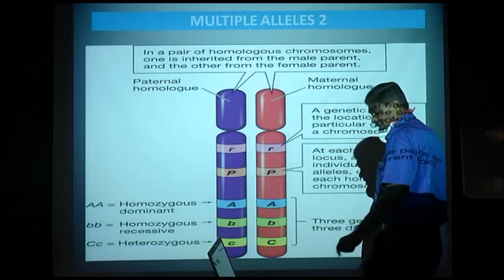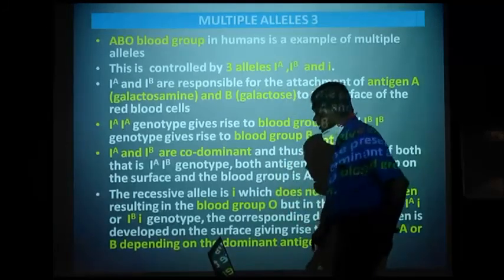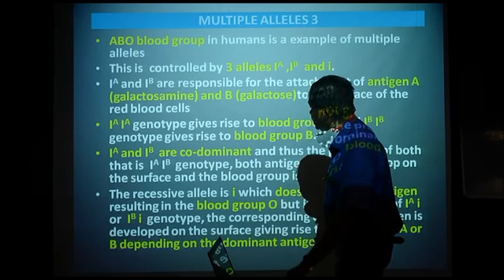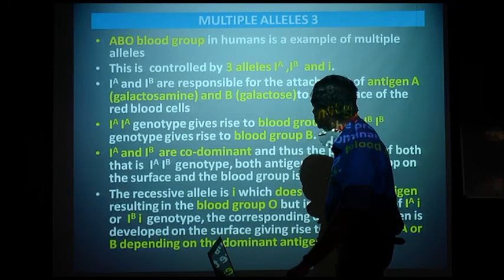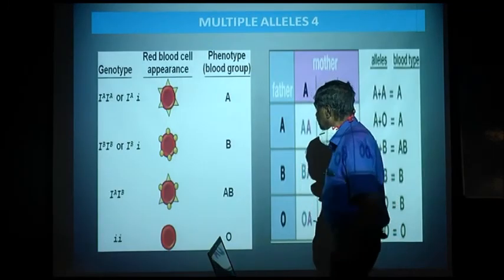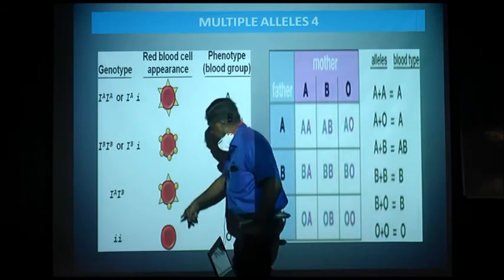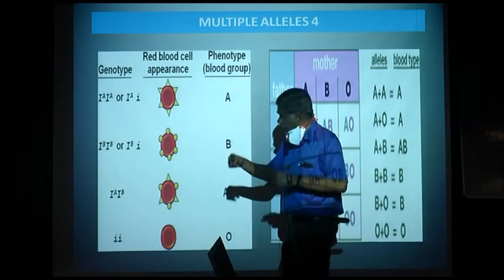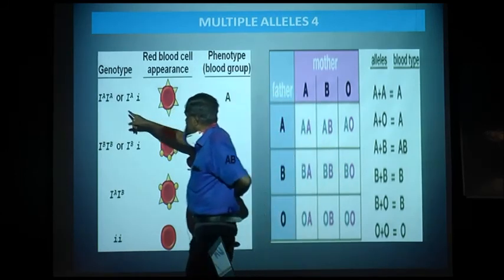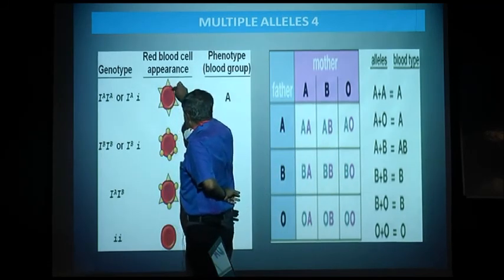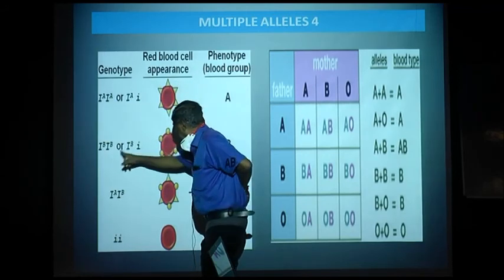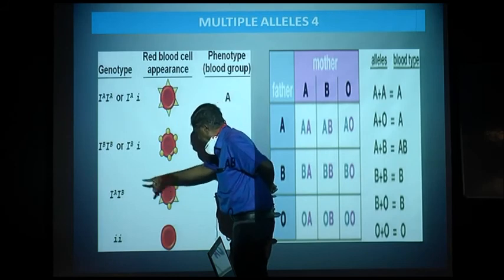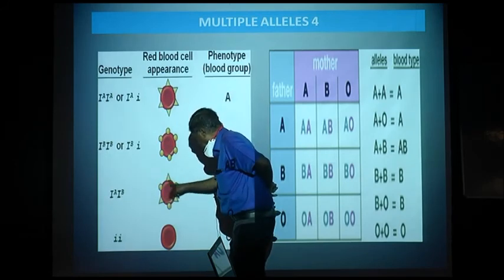Coming to multiple alleles, these are conditions where the alleles are more, and the best example is the ABO blood group. This is the RBC where there are no appendages. Here A is appended, that is galactosamine, and here B is appended, which is galactose, and in the case of AB, both are added.